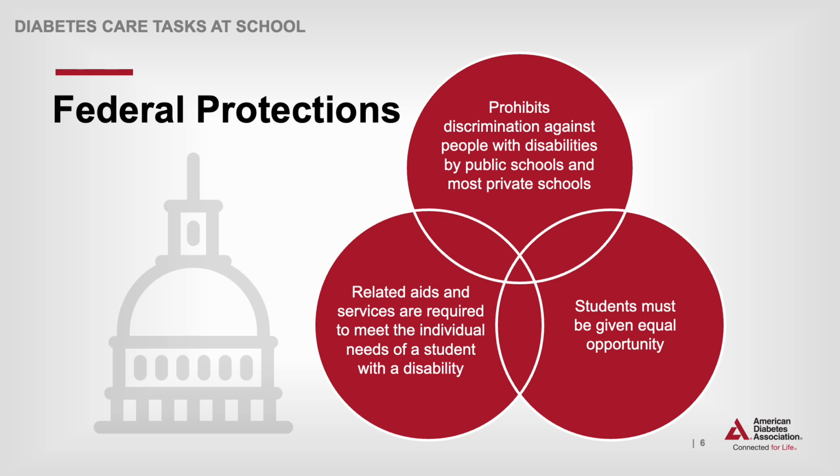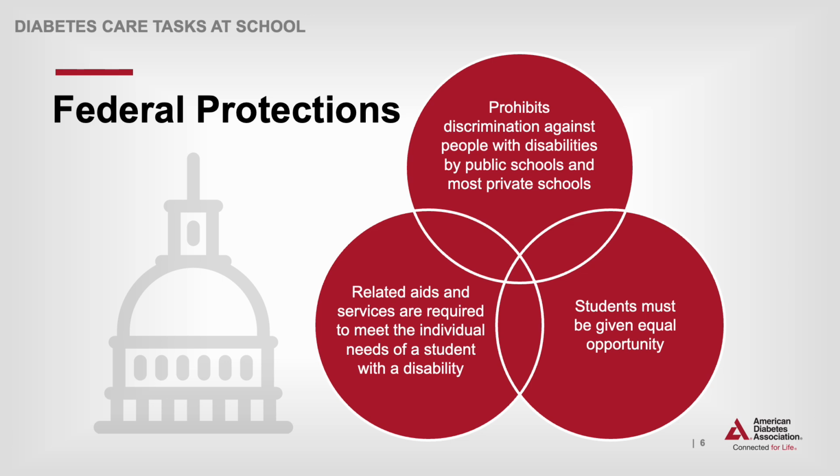One or more of these laws applies to all schools except a private religious school that doesn't receive any federal funding. These laws provide for related aids and services designed to meet the individual needs of the student, free, appropriate public education, equal opportunity. Section 504 and ADA prohibit discrimination against children with disabilities by schools and/or daycare centers.